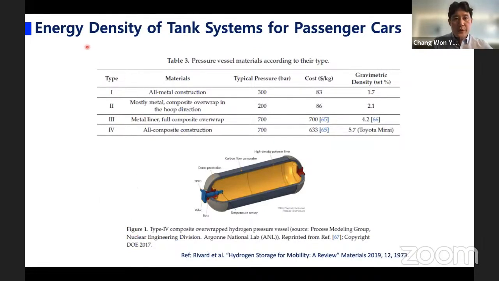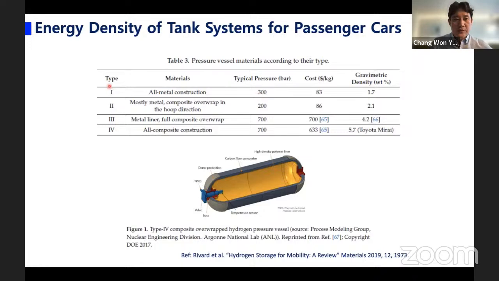So if you look at the energy density of the tank system for a passenger car, the gravimetric energy storage density, if we take all-metal construction, so that means all the tank material is metal, then the gravimetric hydrogen storage density is about 1.78%, right?